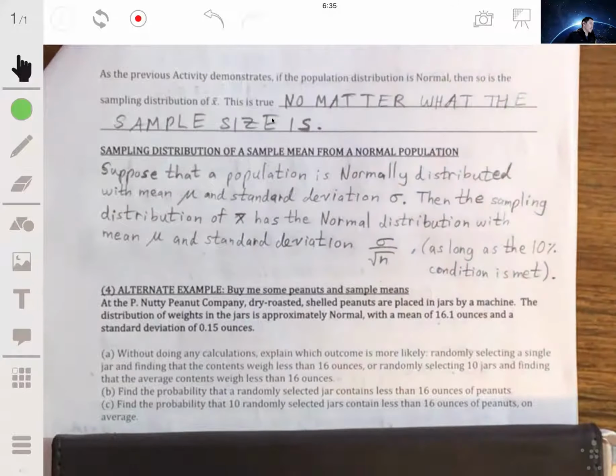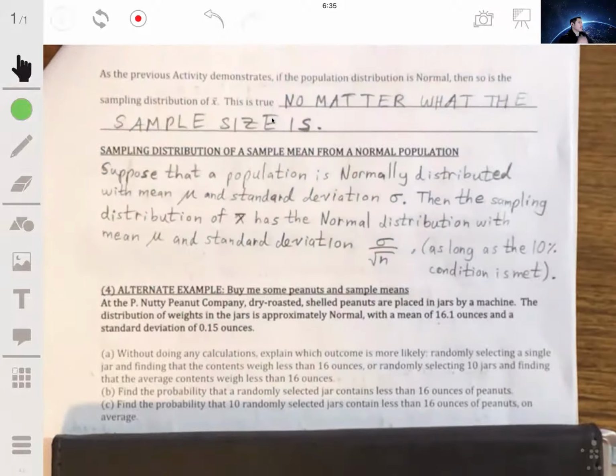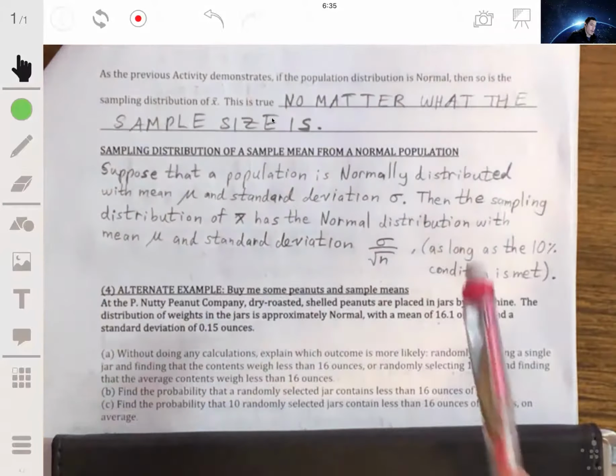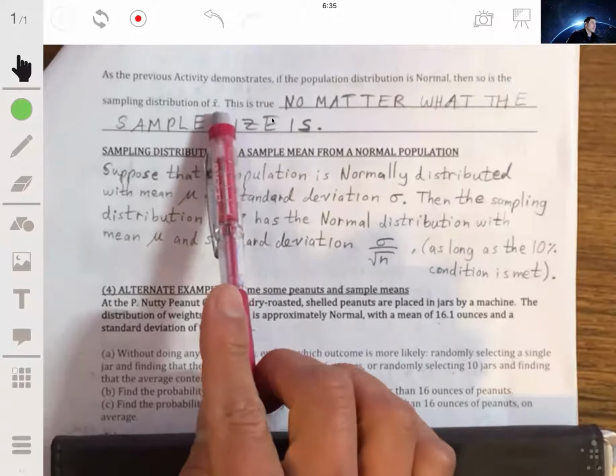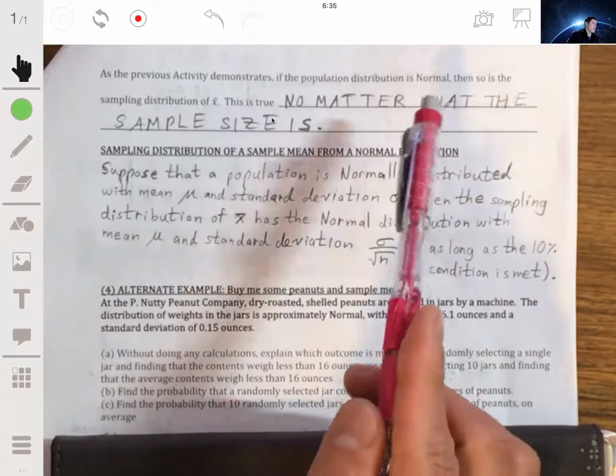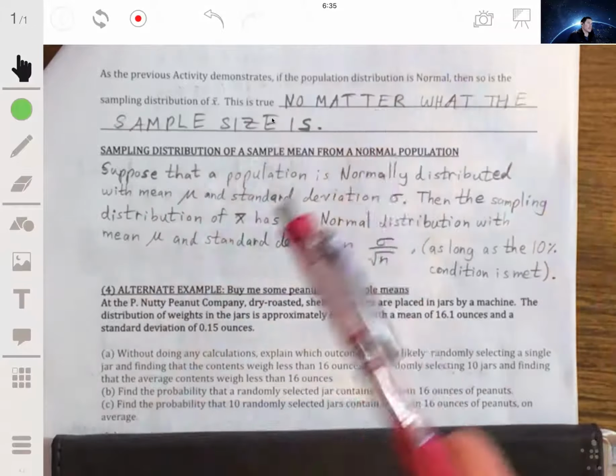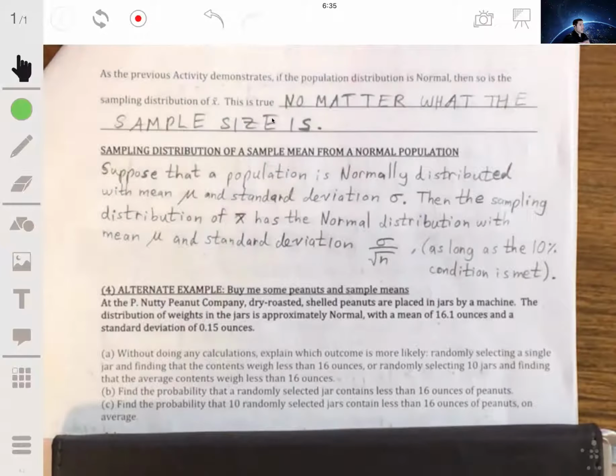Okay, so here's a summary of what we learned from that simulation activity. If the population distribution is normal, then so will be the sampling distribution of the sample mean, X bar. It doesn't matter what size your samples are. What does change though is the standard deviation value.